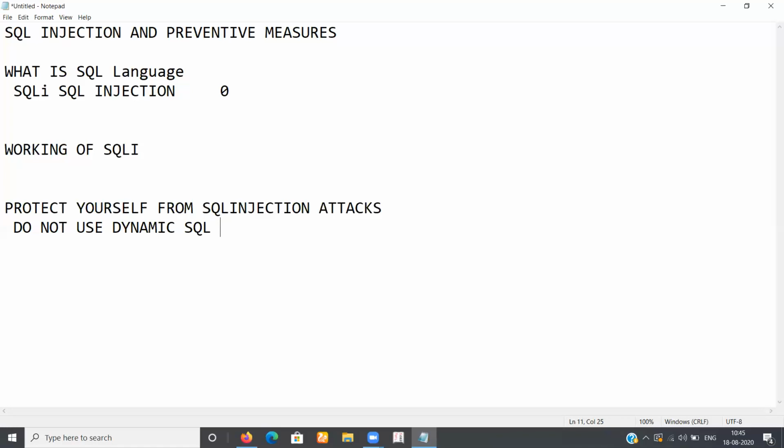Next is do not leave sensitive credentials in plain text format. Make some kind of codes for that SQL code. If you're storing any kind of data into a database, don't try to save your data in plain text. Make some kind of codes only in your sensitive data.